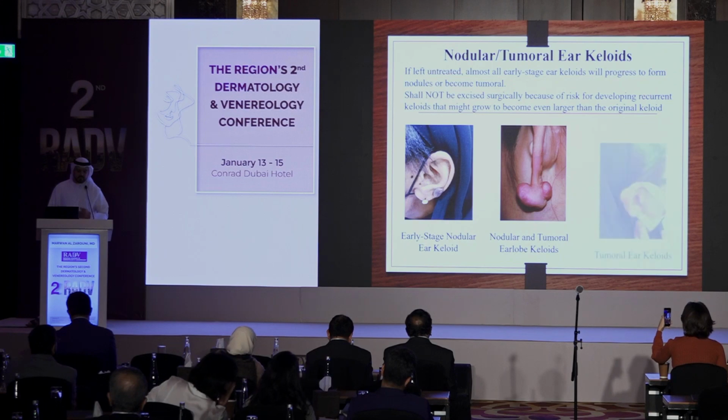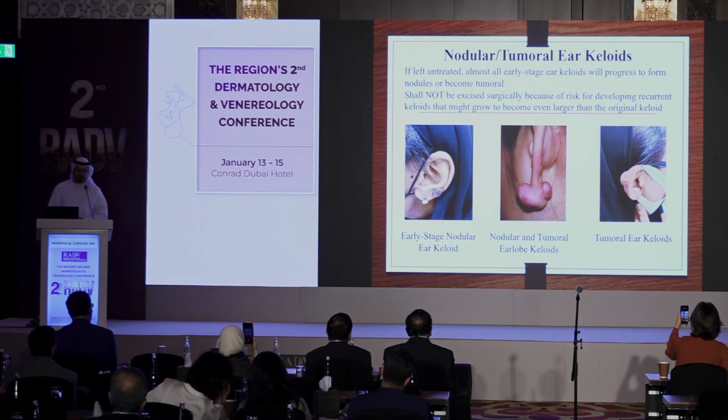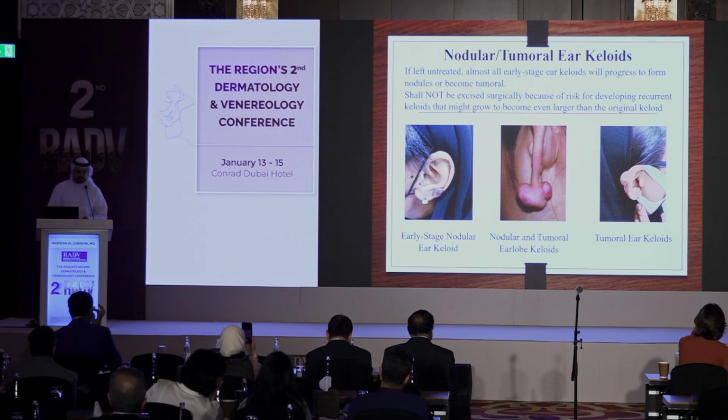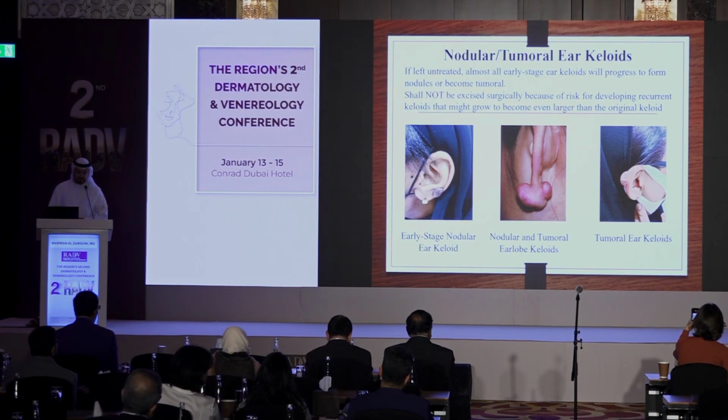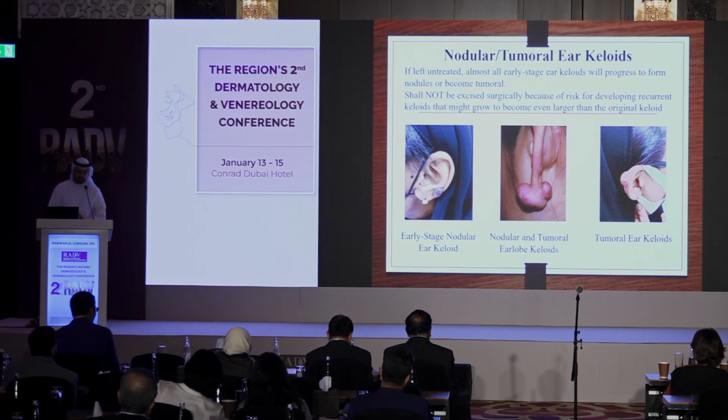But then we have another type which is called the nodular or the tumoral ear keloid. The first one, as you see on the left side, is early stage nodular ear keloid with elevation and bumpy nodules. In the center, we have a mixture between the nodular and the tumoral ear lobe keloids.